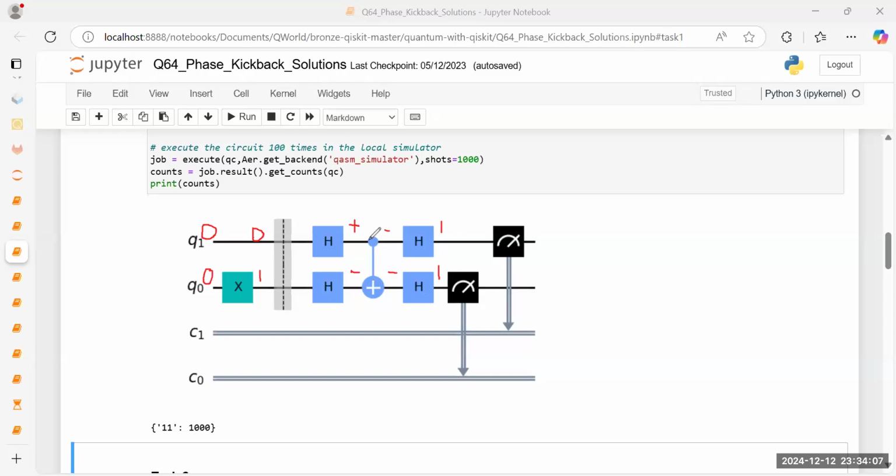So here, it's our control that changed from the plus state to the minus state, whereas the target stayed the same when we apply the CNOT operator. So at the end, we've successfully measured 1, 1. And this happened every single time when we set shots to 1,000. So the circuit was run 1,000 times, and every single time we ended up with 1, 1.